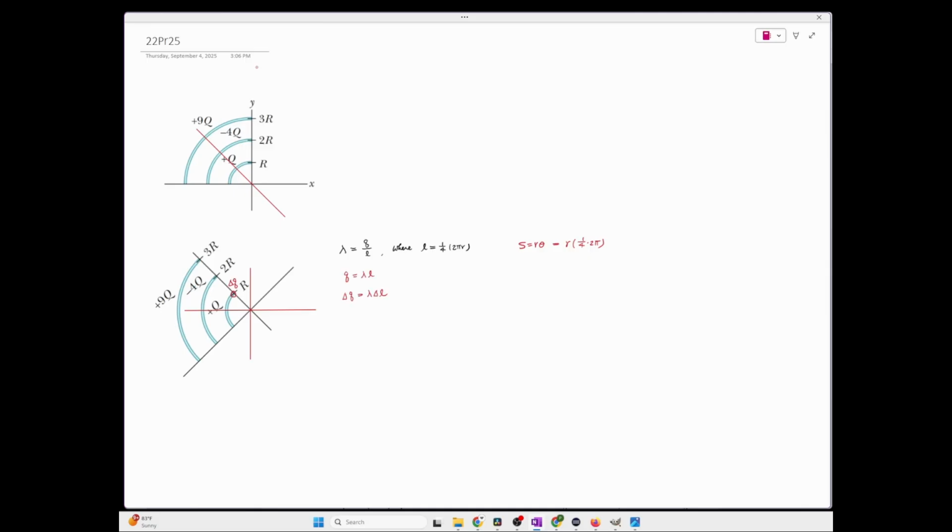The second step is to do a partition and divide the arc into small pieces. Each piece will carry a charge of delta Q, which is equal to lambda, the linear charge density, multiplied by dl. Notice that in the expressions that we have so far, L and S mean the same thing.